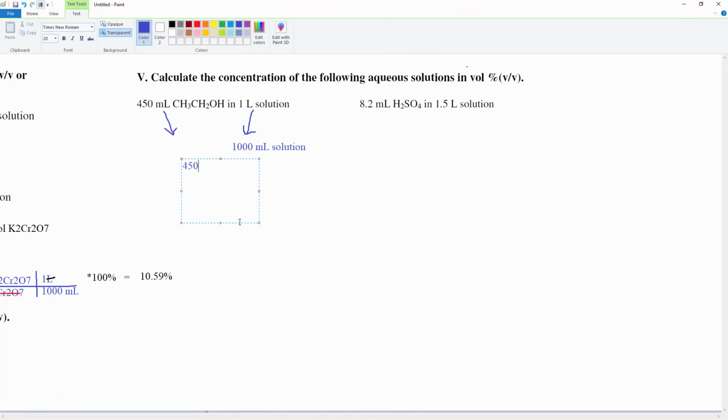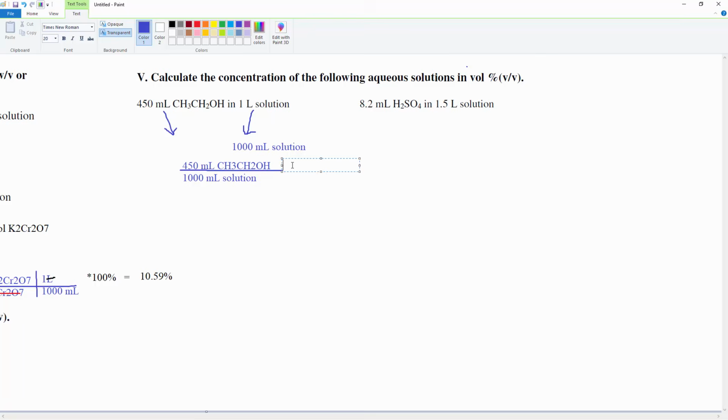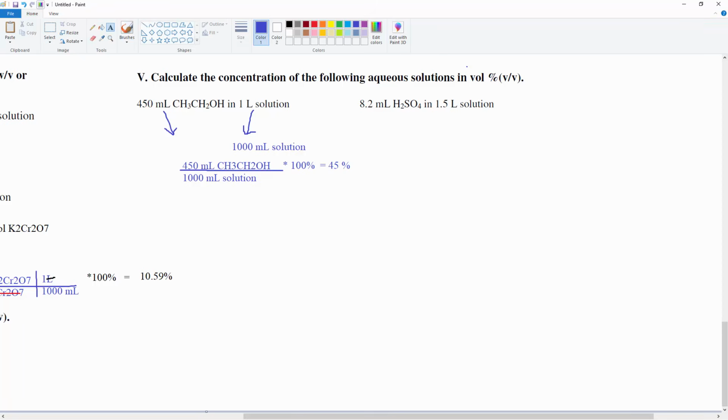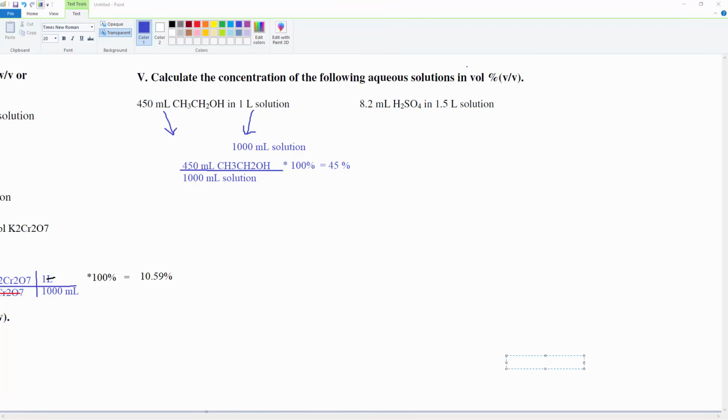So then I can put my original 450 milliliters of CH3CH2OH and divide that by 1,000 milliliters of solution. Multiply that by 100%, and that equals, right on, Sarah says 45%. 450 divided by 1,000 times 100, yeah, 45%. Does that make sense?